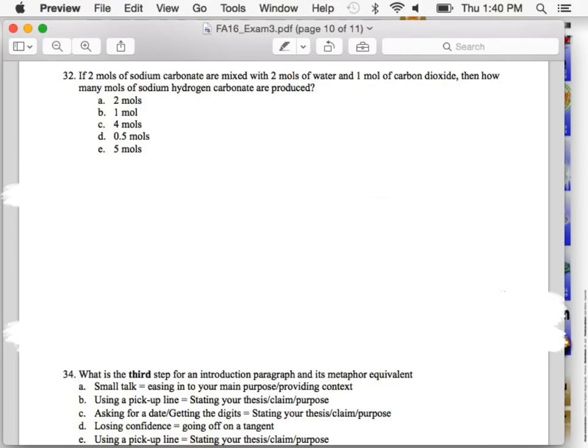We're going to need a balanced equation to start this off. Sodium carbonate mixed with water, mixed with carbon dioxide to produce sodium hydrogen carbonate.